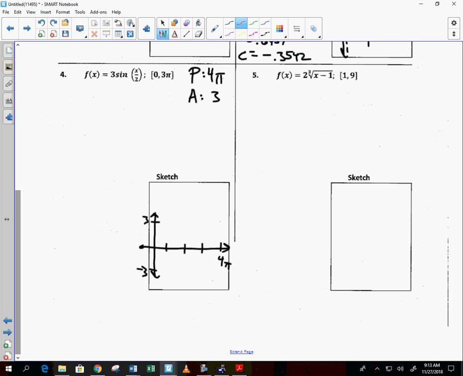Where does the sine graph start? Top, bottom, or middle? Middle. Very good. Where does it go? Up or down? Up, then back down, and back up. Right? So this is our sine graph.